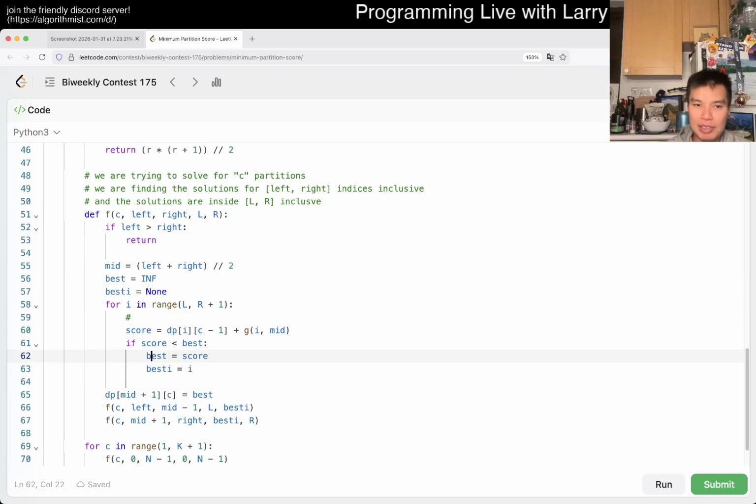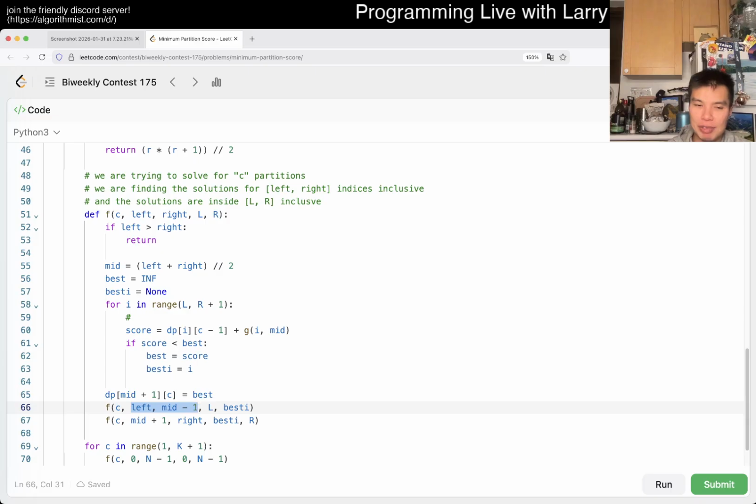After doing all that, we have the best index, which we will use later for the recursion, and the score, which is what we're trying to solve for. Here we're trying to solve for the middle of this range, for C partitions, and we take the best.